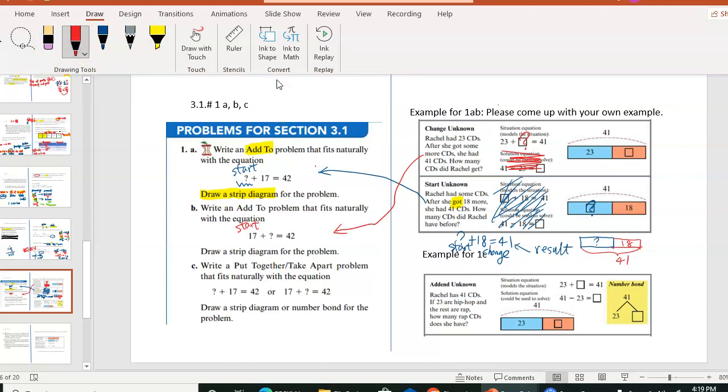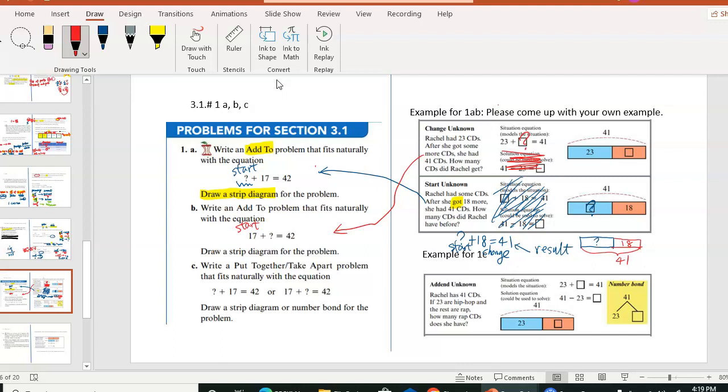After she got, we don't know how many she got because it's a question mark, so you can use the word some more CDs. After she got some more, she had 41. How many CDs did she get? The question we're asking is not how many she had at the beginning, it's how many she got.